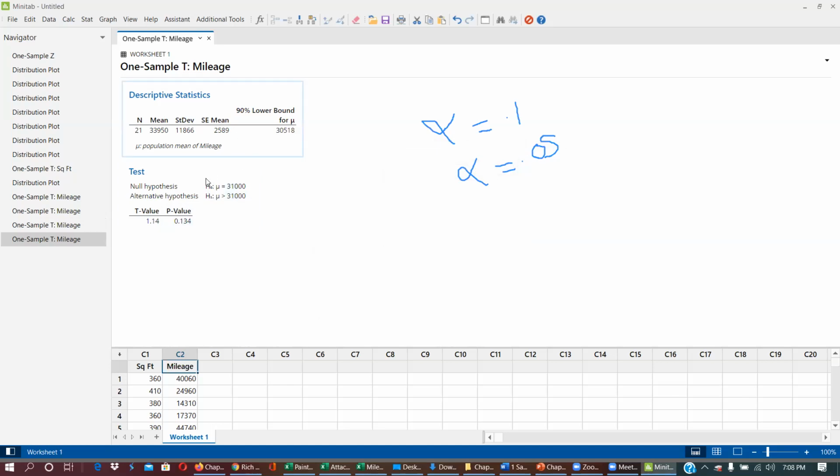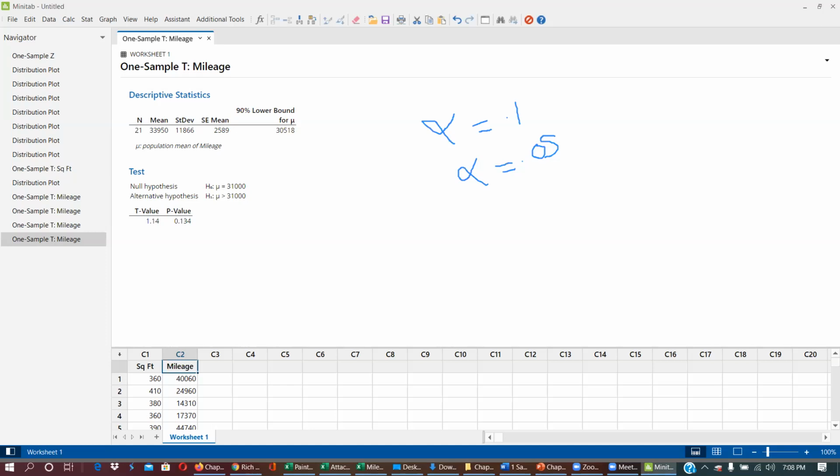If I put 31,000 or 30,600, this hypothesis is getting accepted. So if the true population value or your benchmark value is a little bit off here and there, even a wrong hypothesis is getting accepted, and that is called beta error.